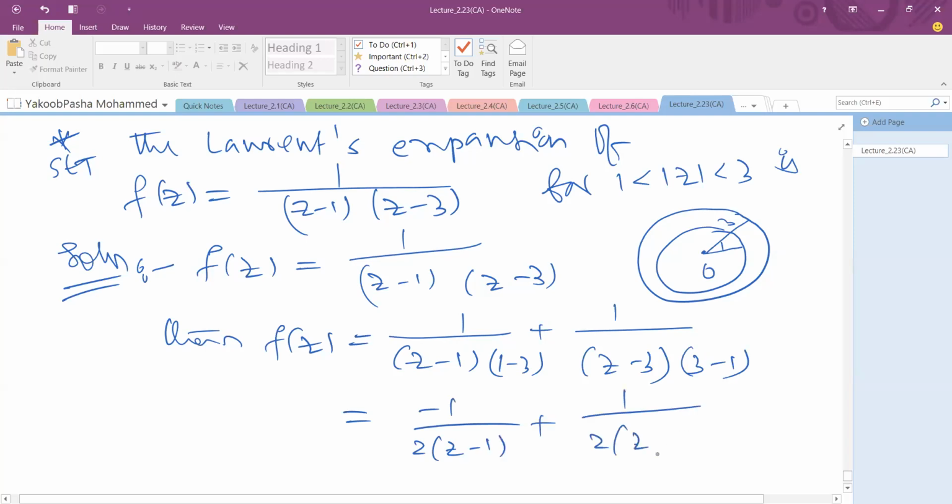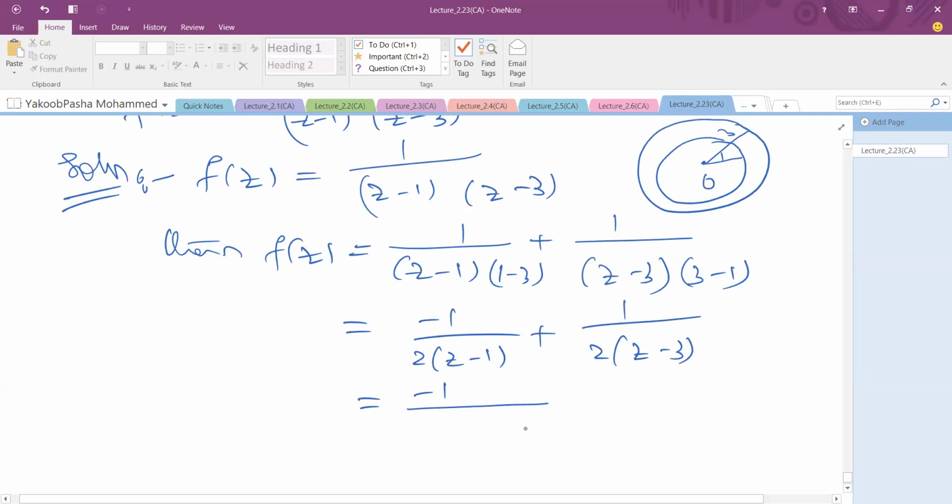Okay. So this is equal to minus 1 by 2, we can take a minus common here in the denominator, 1 minus z. Okay. Plus here I am taking minus 3 common, so minus 6, 1 minus z by 3.